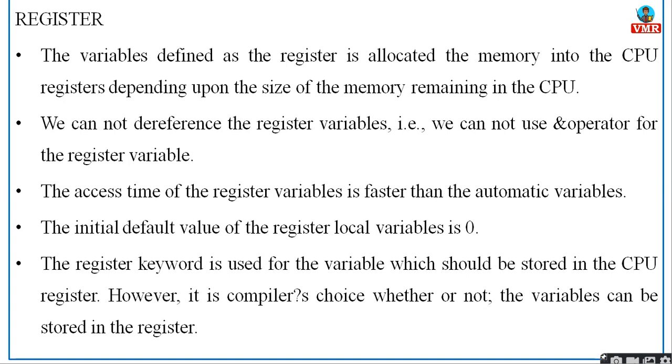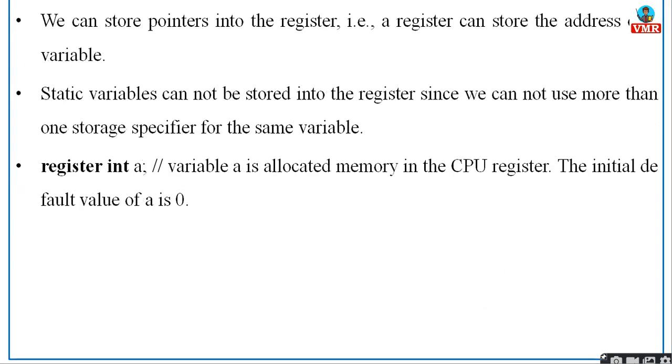The register keyword is used for a variable which should be stored in the CPU register. However, it is the compiler's choice whether or not the variable is stored in a register. We cannot store pointers in a register because a pointer stores the address of another variable, not the value.